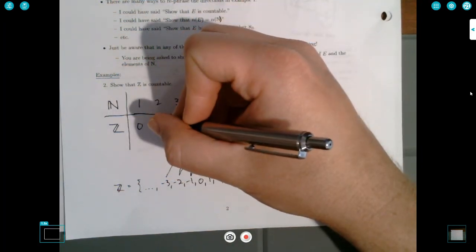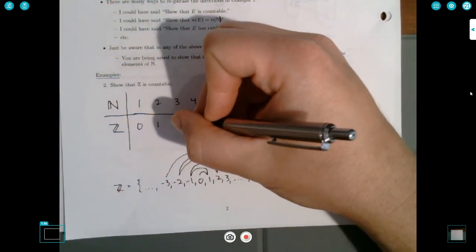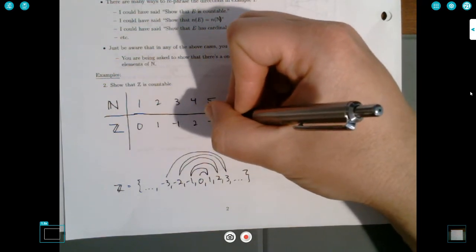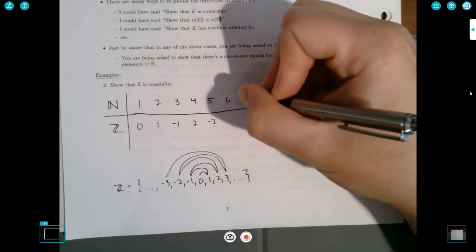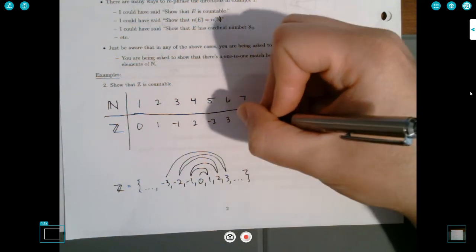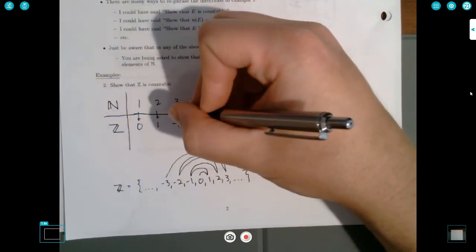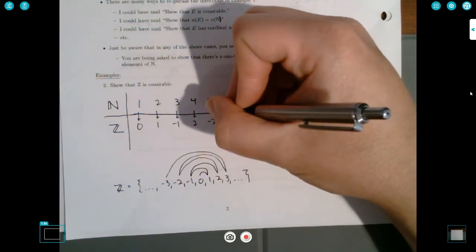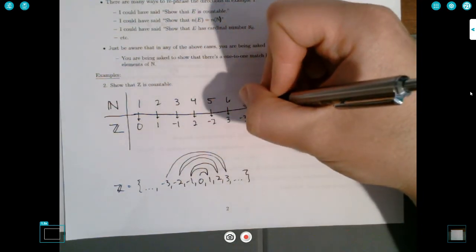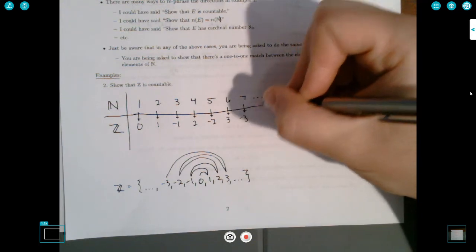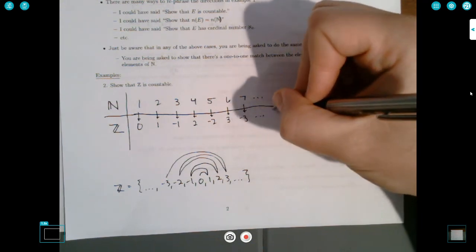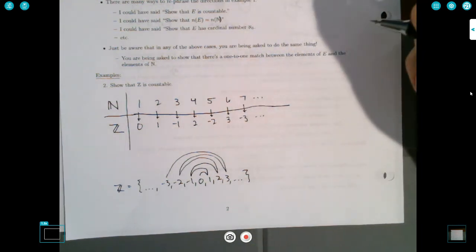So that's how I'm going to list z. 0, 1, -1, 2, -2, and let me do a couple more just to make it perfectly clear. 3, -3. Okay, this is how I'm going to make my one-to-one correspondence. Now this is going to continue on and on and on.